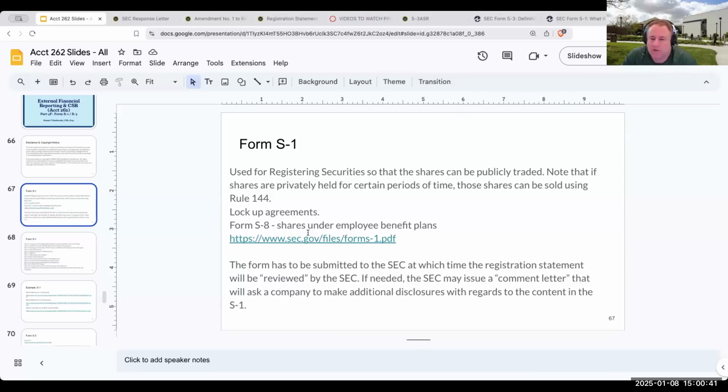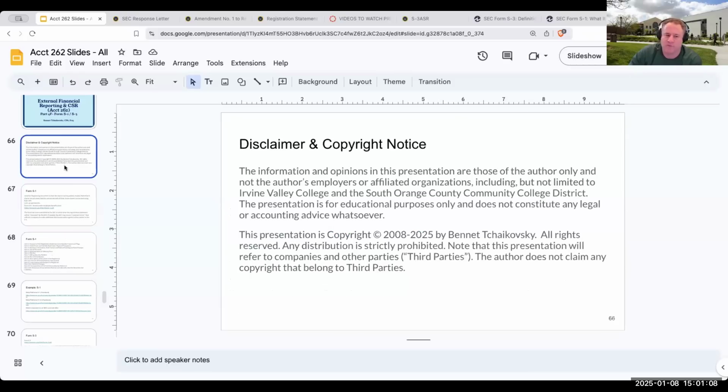You can use something called Rule 144, meaning that you're not an insider and you've held it longer than 6 months. Again, don't quote me on this, but you can sell it by filing a form under Rule 144 to sell your shares. So if it's not on a registration statement, you have to do it this way. But when you do file under Rule 144, it's going to be open and available for everybody to see on the public.